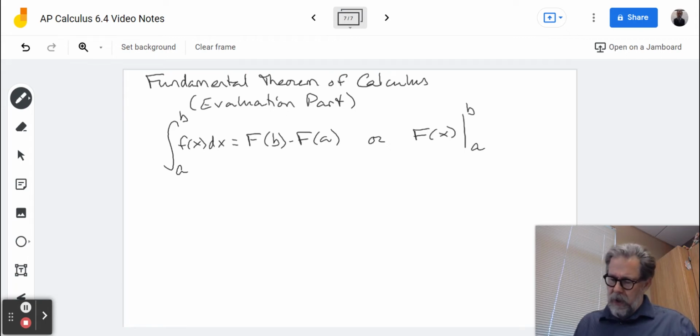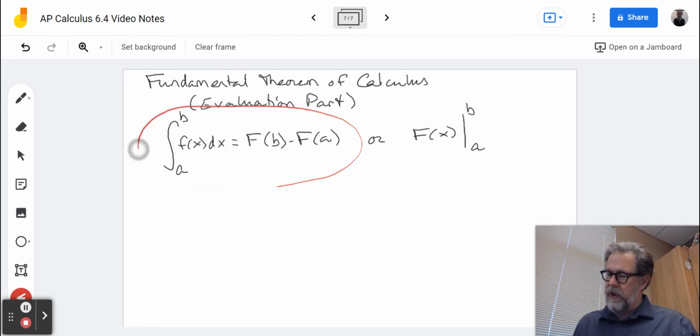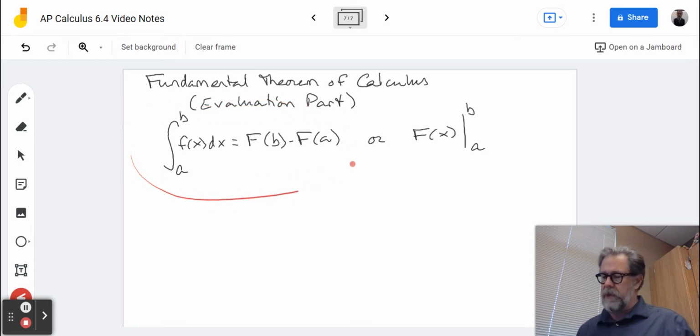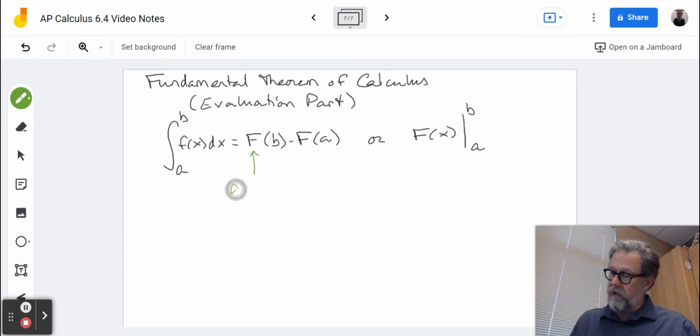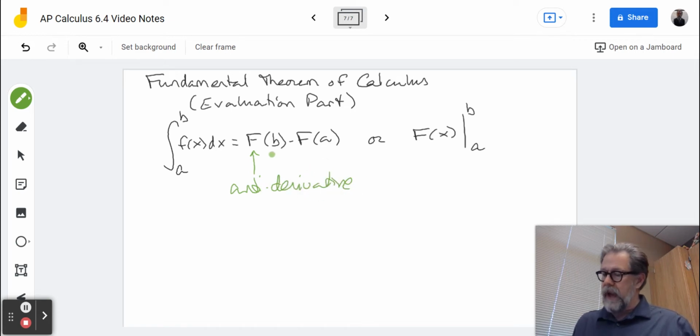So let's start with the fact that last chapter we derived this equation right here. If I am taking the integral from a to b of some function f of x with respect to x, I can just calculate that by finding the antiderivative. Remember that this is the antiderivative, capital F, and I can evaluate that at b and then subtract the evaluation at a, and that's the value of the integral.